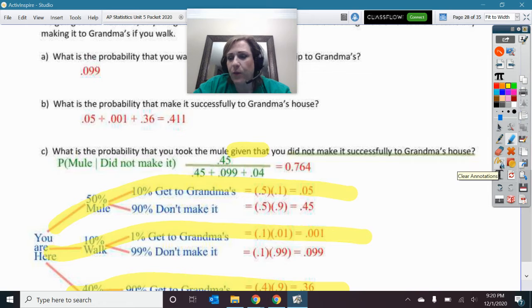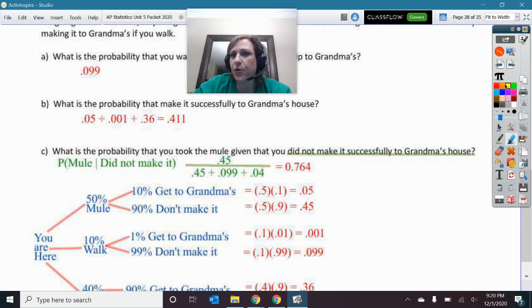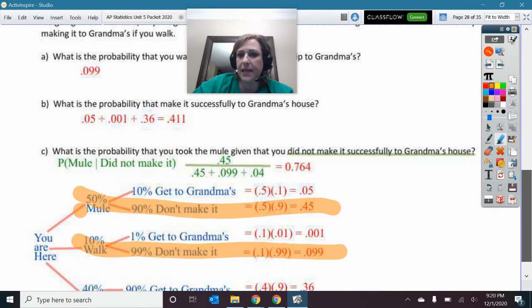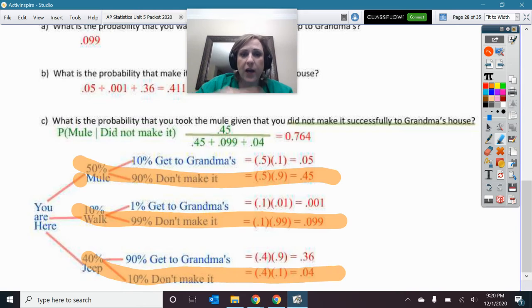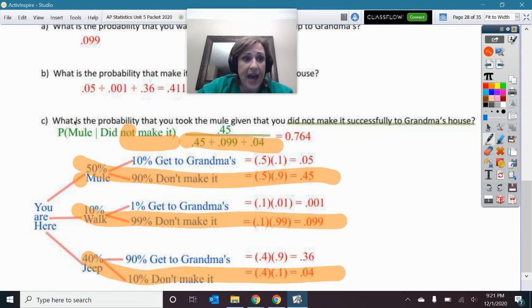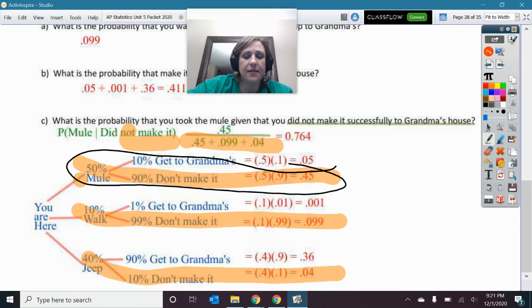So I need to figure out the not making it. So here is the not making it on the mule, the not making it when you walk, and then the not making it with the Jeep. So that's what this denominator is, the total ways in which you do not make it. And of those total ways, which portion of that was the mule way? And that was this. So that's why 0.45 is the numerator.